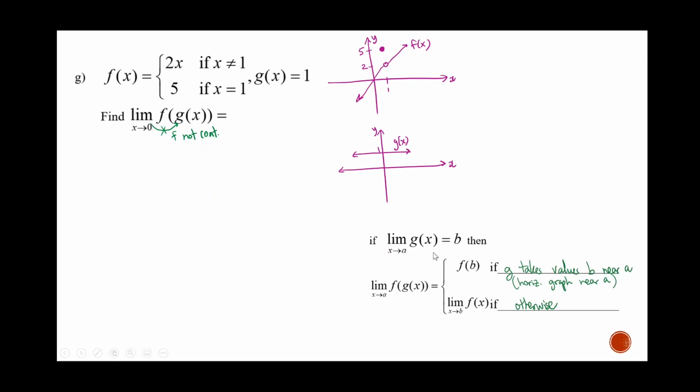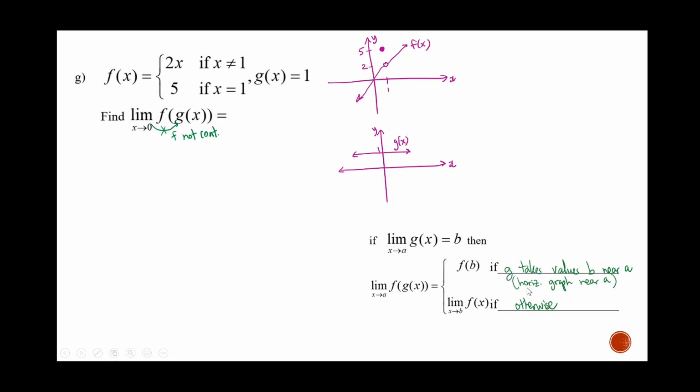If the inner function is approaching a specific value b as x goes to a, then the result of this composition could be what we usually do, bring the limit on the inside and find the limit of the outer function, or it could be just the output value at the value the inner function approaches. It all depends on what the inner function g looks like near x equals 0.